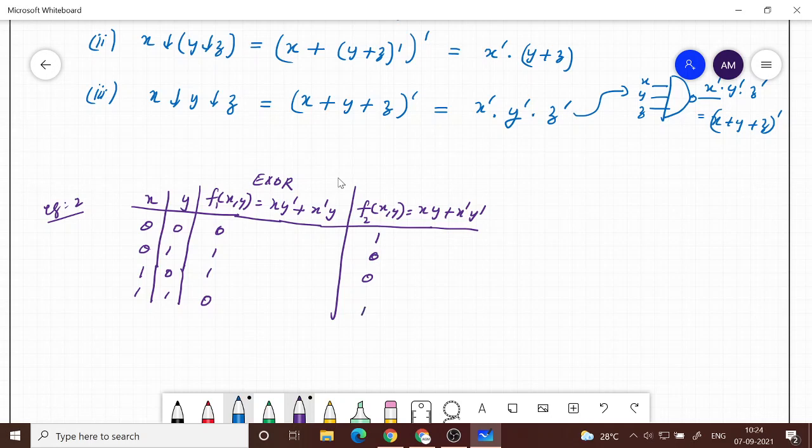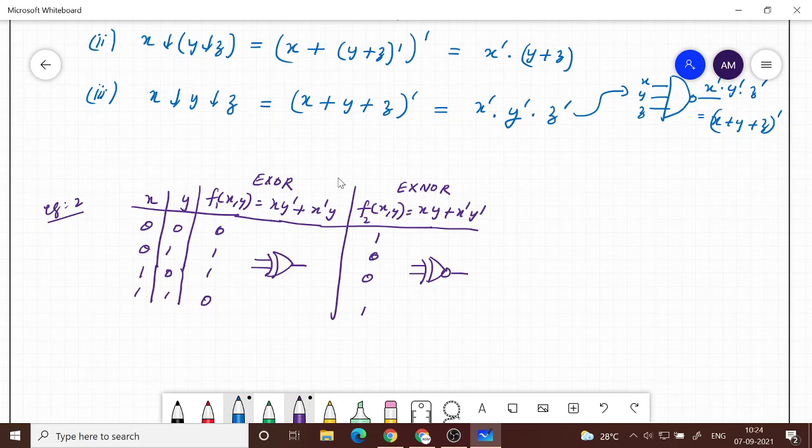Okay, so this is called XOR gate and XNOR gate, and they have a symbol also. If XOR gate is denoted like this, and XNOR gate is denoted like this.